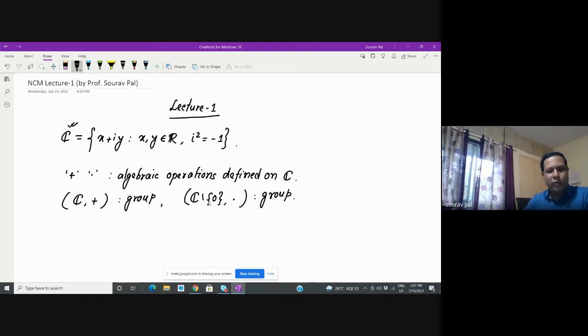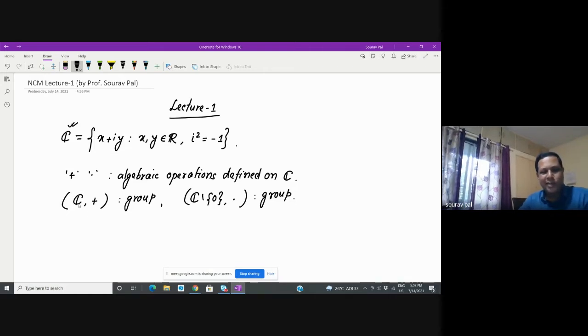Nevertheless, once we have a topological structure on this set C, on one hand we have a couple of algebraic structures, and on the other hand we have a topological structure. So there must be an interrelation between these two, the algebraic operations and the topological structures. We will see it. So what do we do in mathematics?